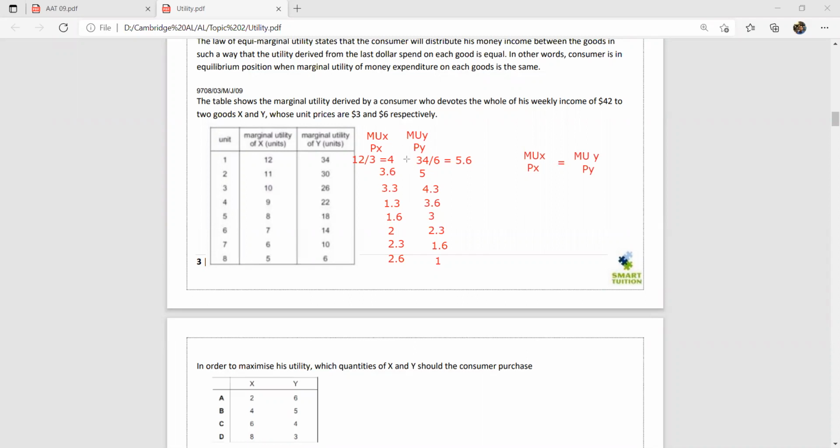Now we have to compare these two columns where values are equal between them. When we look at these, 3.6, 3.6. Another one, 2.3, 2.3. 1.6, 1.6.